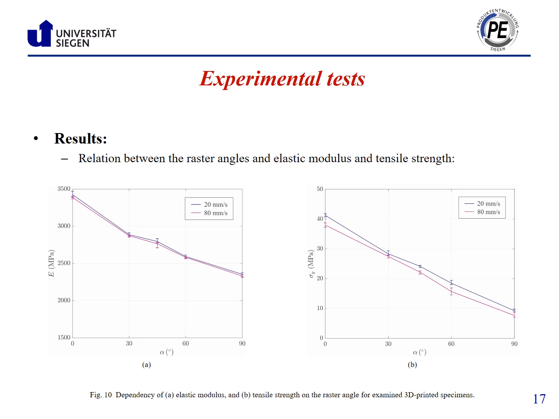Moreover, the curves on the right side show the dependency of tensile strength on the raster direction. The obtained result confirmed that the specimens with alpha equal to 0 and 90 degrees showed the highest and lowest tensile strength respectively. Indeed, the experiment indicated a gradual decrease in the tensile strength with an increase in the raster direction.